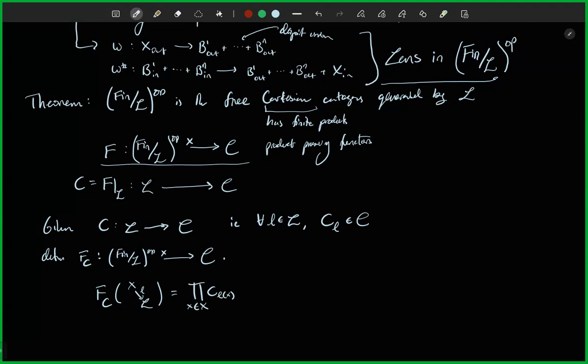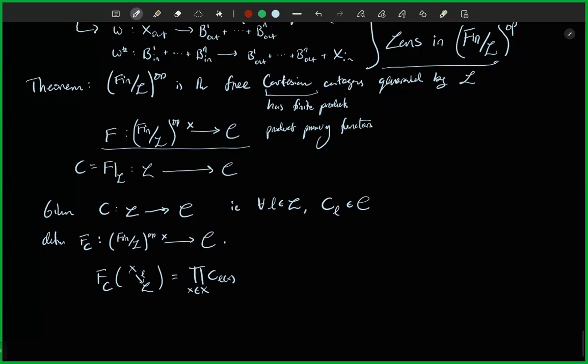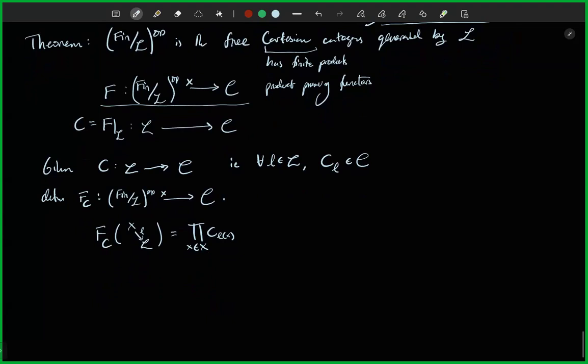And then I need to check that this actually gives me a functor. It's not super obvious from this definition that it gives me a functor. And this is where we see the contravariance come in. So if I have now a map that I'll write backwards, this is a map from X to Y, and they're both over L. This is the labeling of X and the labeling of Y. Right?